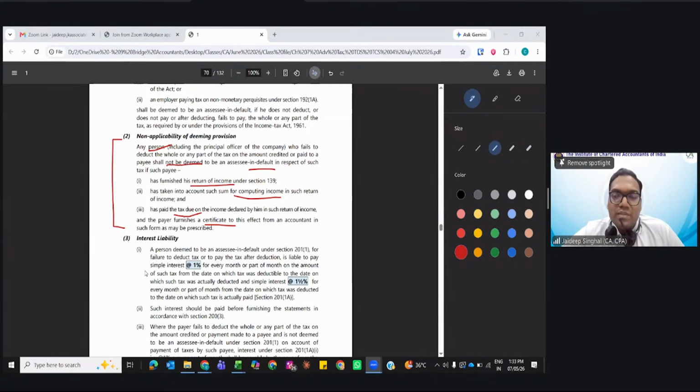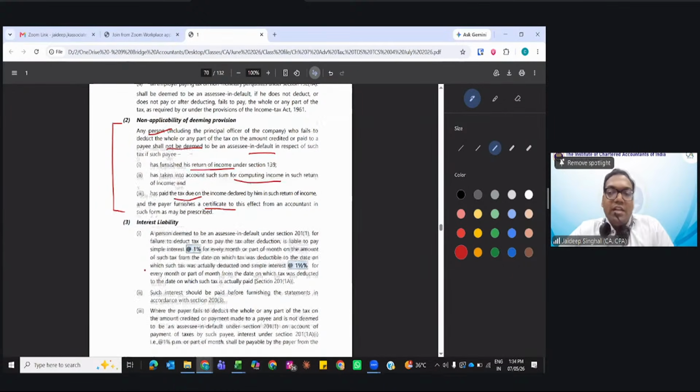No, you are wrong. See, if I haven't deducted, have I collected the government's money? The answer is no. If I have deducted the tax but not deposited, I am keeping the government's money with me. Can you see? If I haven't deducted, I haven't kept any money with me. That is more serious.